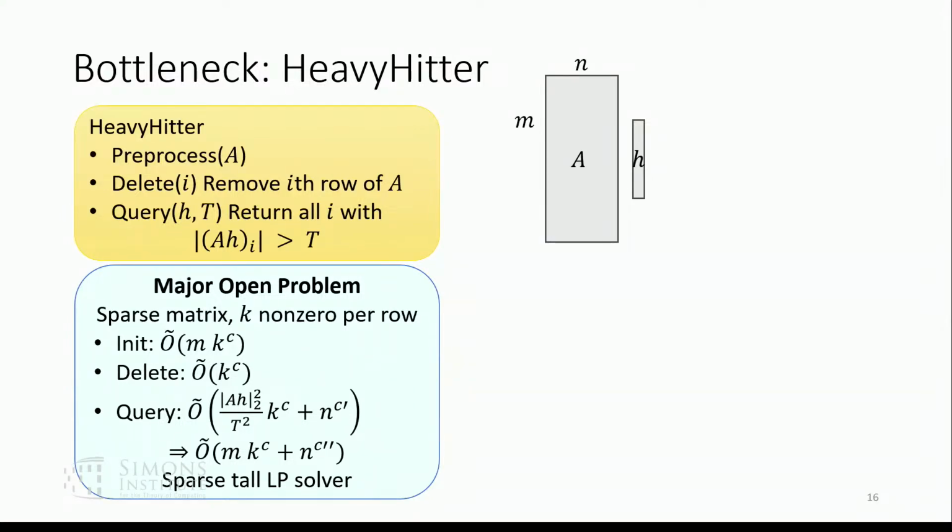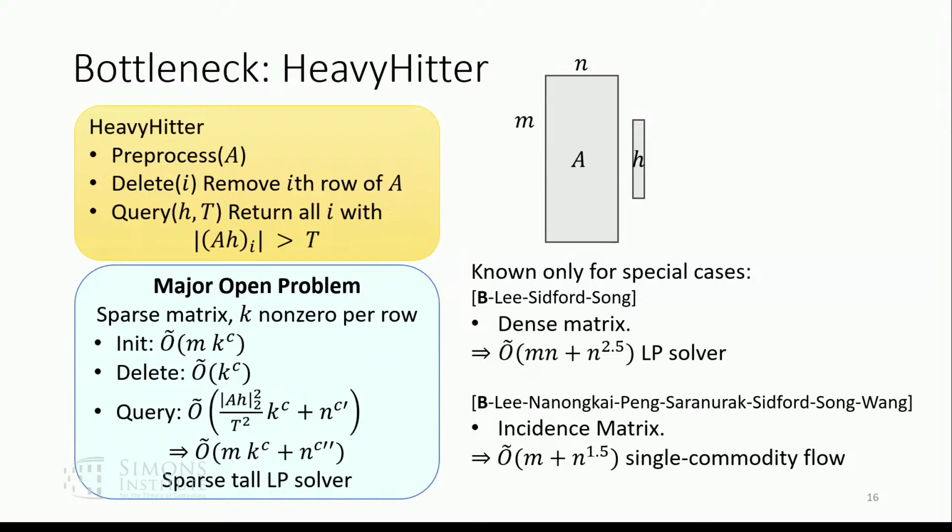And answers to this open problem we only have for very specific special cases. If A is a very dense matrix, like it's not sparse, let's say every entry is non-zero, you can solve linear programs in mn time, by solving this heavy hitter problem specifically for dense matrices. So there's a data structure for that special case.